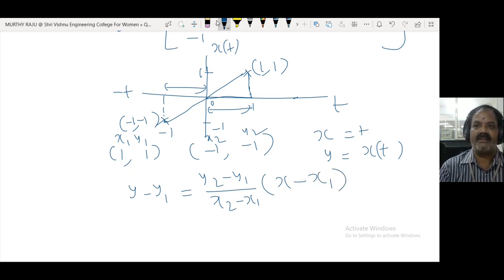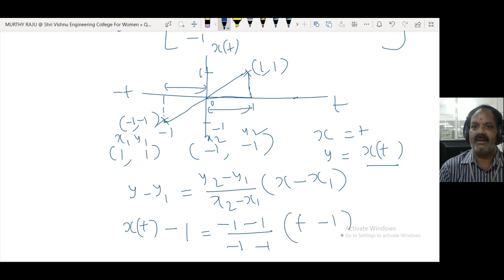Here y is x of t, so y minus y1 is x of t minus 1. y2 minus y1 is -1 minus 1, which is -2, and x2 minus x1 is -1 minus 1, which is -2. That is, x minus x1 is t minus 1.